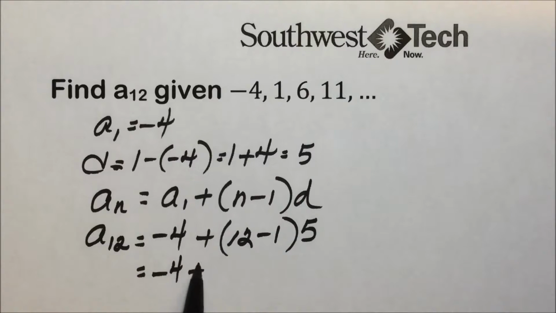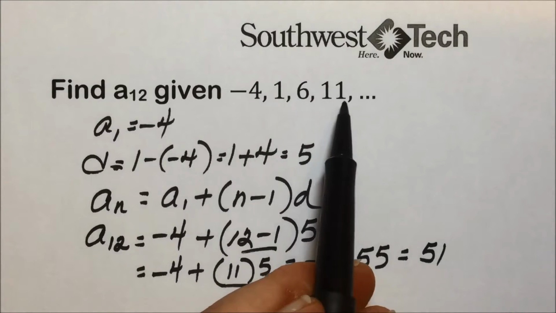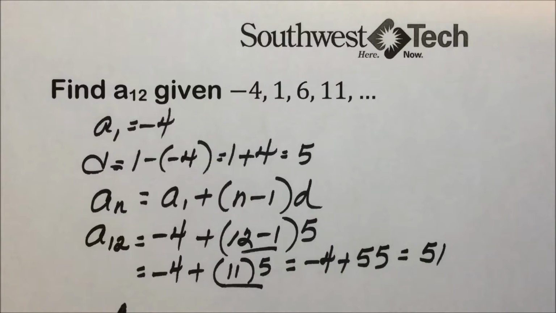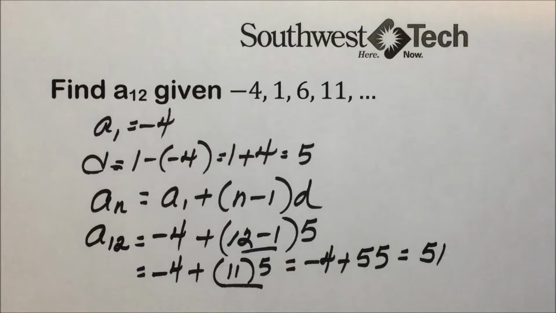Simplifying this following the order of operations, parentheses have the priority, so we have an 11. Next we'll do our multiplication. So we have 11 times 5 is 55, and then adding our first term to that ends up with the 12th term in this sequence. If we kept adding 5 onto each preceding number, we would end up with 51 for our 12th term.